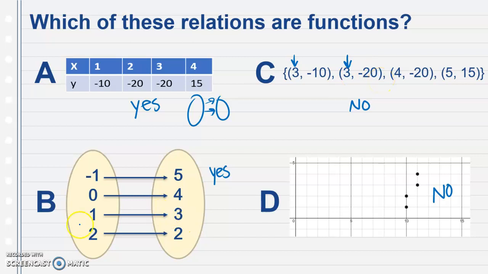B is a function, very clear to see. This is also very clearly 1 to 1. If you were curious, ooh, I spelled that wrong, 1 to 1, because you have one arrow from the input going to one of the output. And then letter D is not a function because it does not pass the vertical line test. You have 2 points that are lined up on top of each other.